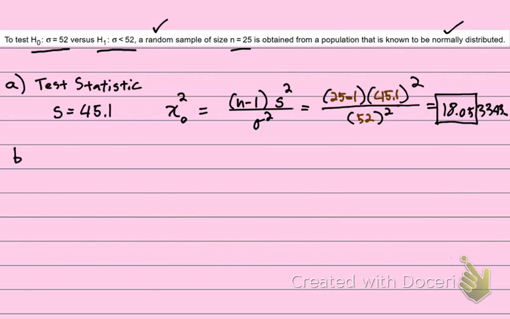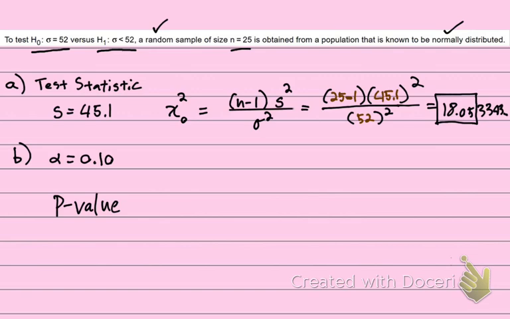Part B, they're going to say that they want an alpha of 0.10 level of significance, and they want us to find the p-value. They want us to approximate the p-value. All right, well, we need to go look at the chi-squared table.